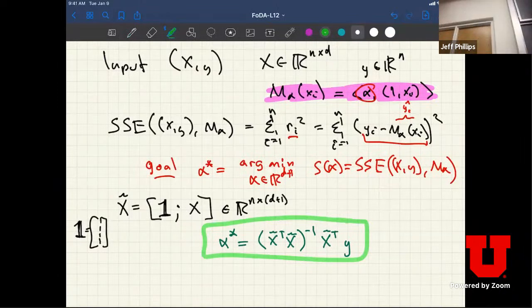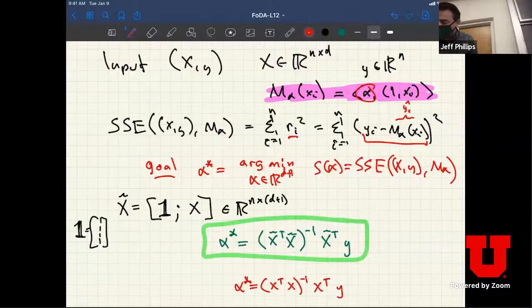We'll often just pretend that this matrix is X and drop the tilde. If you drop the tildes in front here, or you don't want an offset, this might be a little bit cleaner to read, because it's not too complicated. I expect you eventually to just have this memorized.